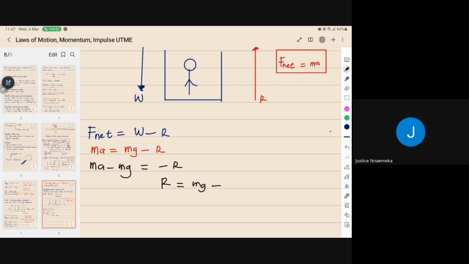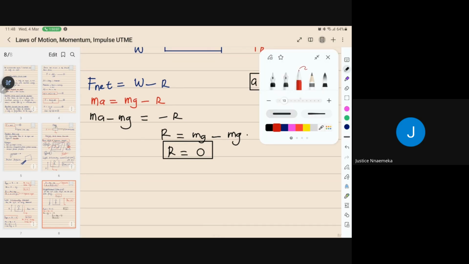Remember your A has changed to what? A has changed to G. Remember that A is equal to G, recall? Good. So I now have MG minus what? MG. Good. So your reaction force is equal to 0. So have you seen that under this free fall, your apparent weight is 0. So the scale is going to read 0.